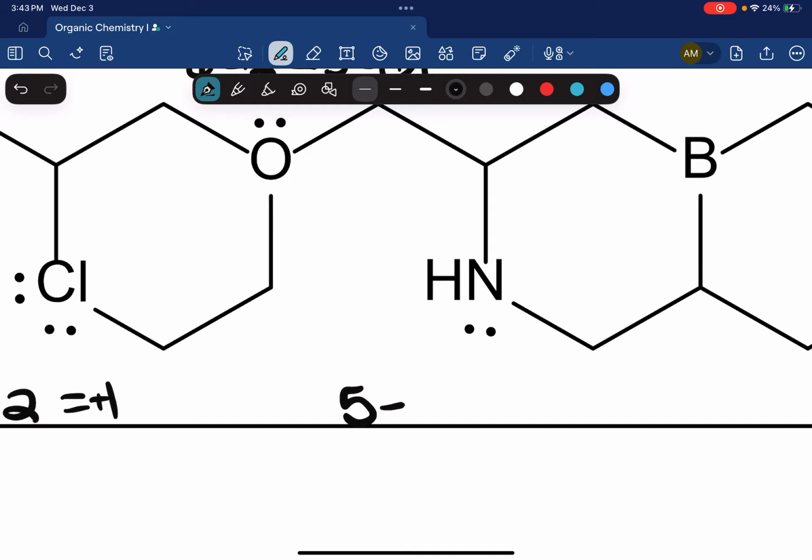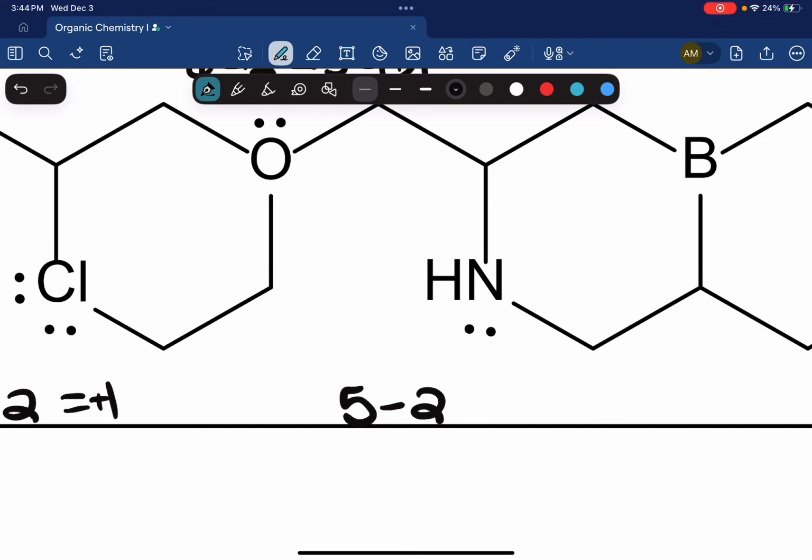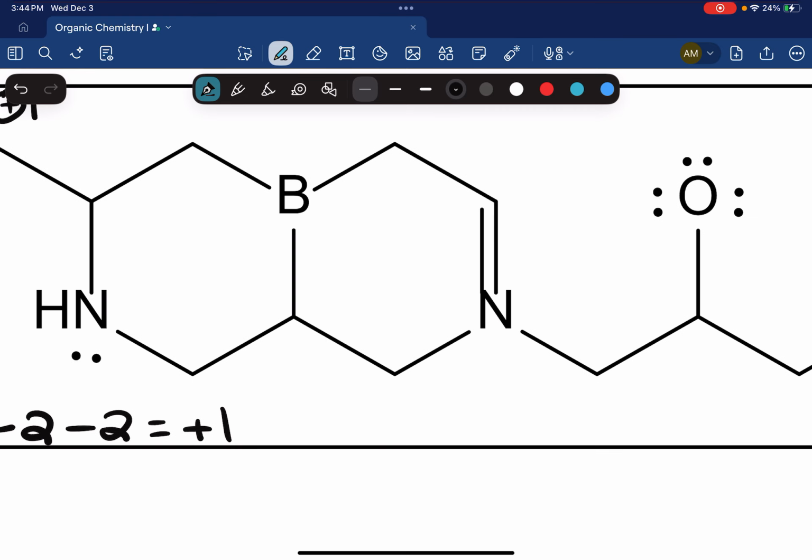So we're starting out with 5 valence electrons. We've got 2, 3, 4, right? So minus 2 lone electrons minus 2 bonds gives us another +1 formal charge, right? Gosh, there's a lot in here. Okay.